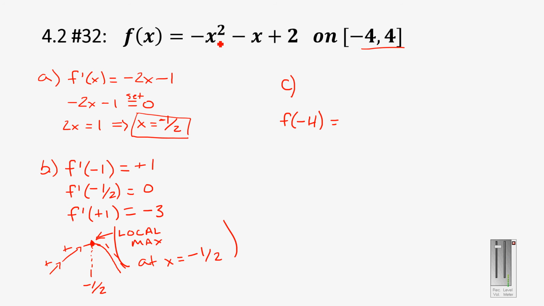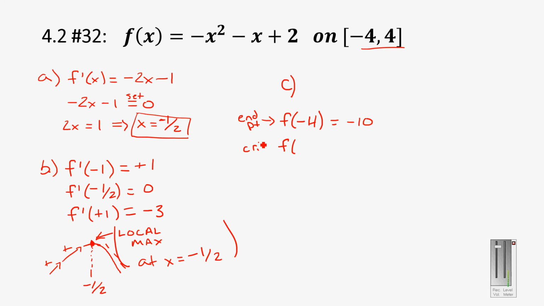Negative 16, minus a minus 4, which is plus 4. So negative 16 plus 4 is negative 12, plus 2 is negative 10. So at this point, we're at a negative 10. This is an endpoint that I'm checking.